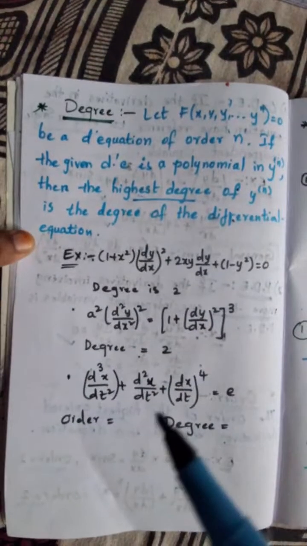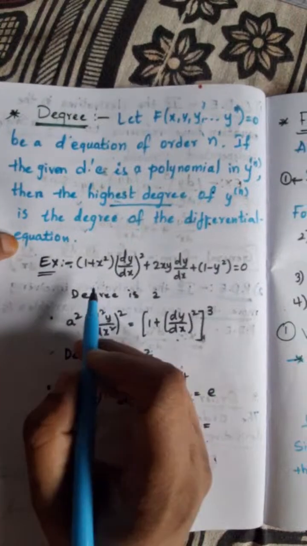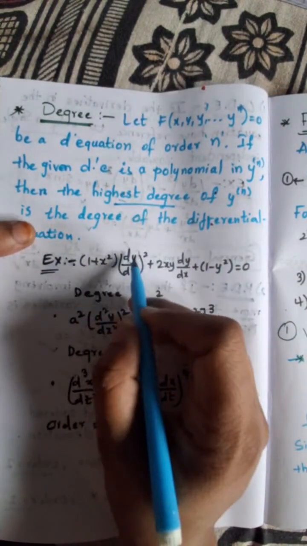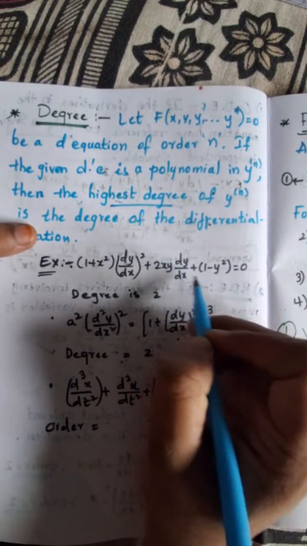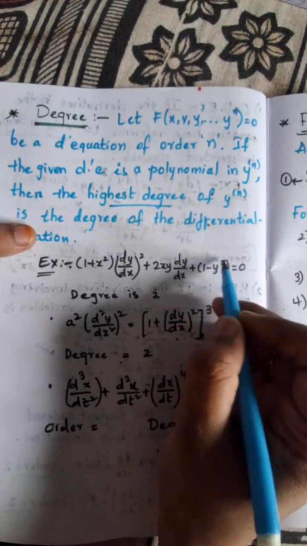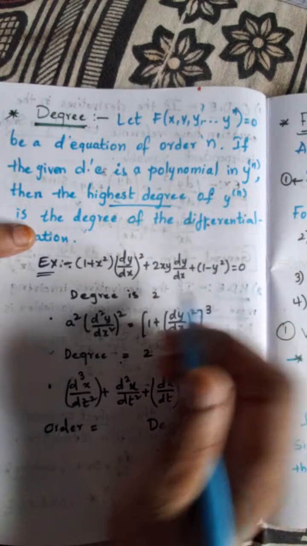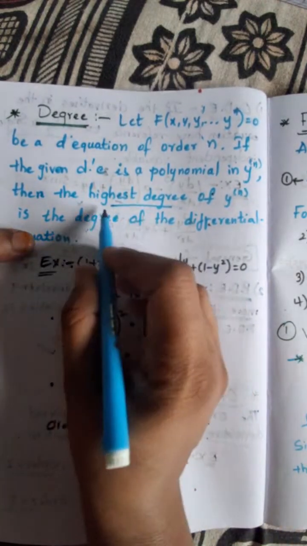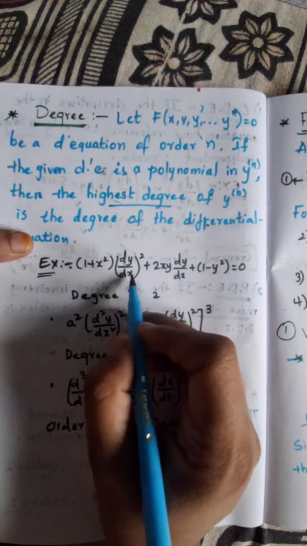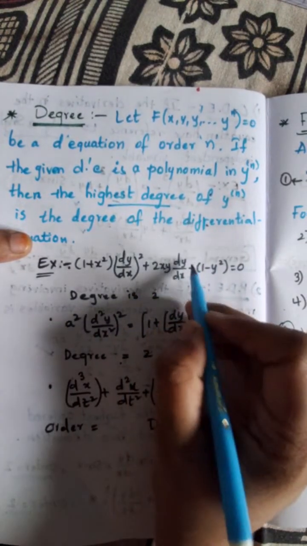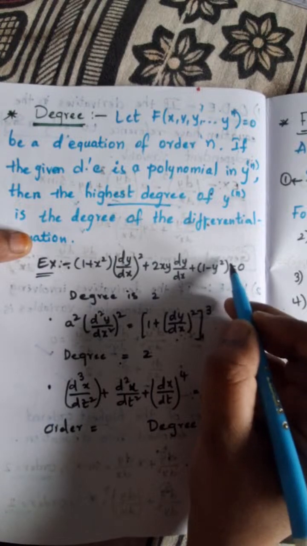So let us see how to find out the degree of the differential equation. For example, here (1 + x²)(dy/dx)² + 2xy dy/dx + (1 − y)² = 0. Here see the highest degree of y^(n). See here dy/dx, 2xy dy/dx, (1 − y) whole square.